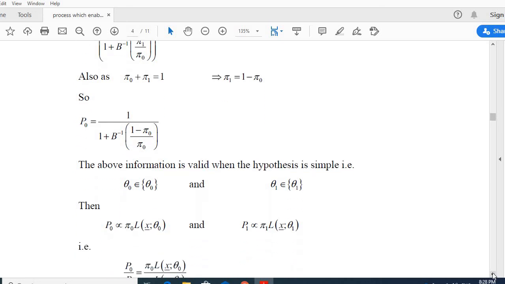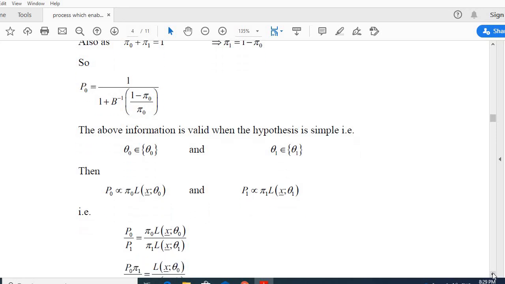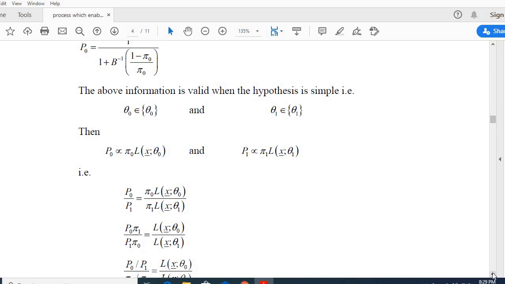Now consider composite hypotheses, theta belongs to theta naught and theta belongs to theta 1. Then P naught is proportional to pi naught into L, the likelihood for data x and parameter theta naught, and P1 is proportional to pi 1 into L, the likelihood function for data x with parameter theta 1.